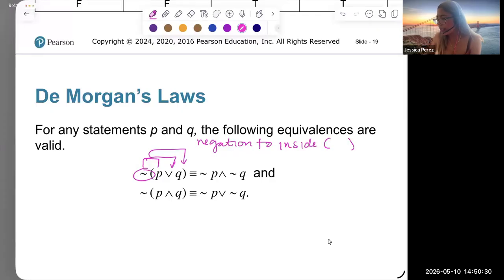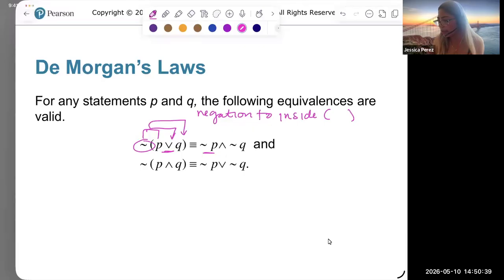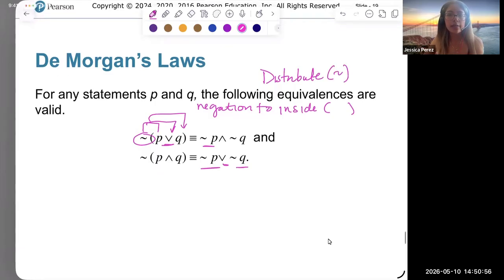So you negate P, you negate the connective, so instead of an or, it becomes an and, and you negate Q. So the negation of P and Q is negating P, negating the connective, and negating Q. So you're negating every single thing that's inside. This is what I like to say, you distribute the sign, or the negation in this case.